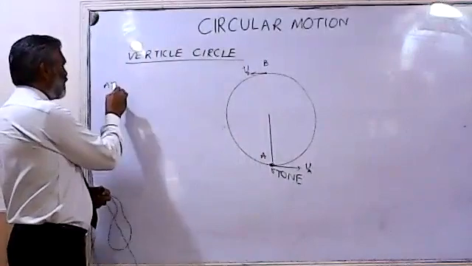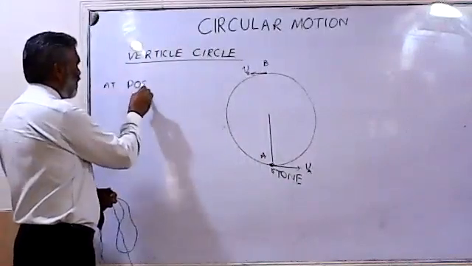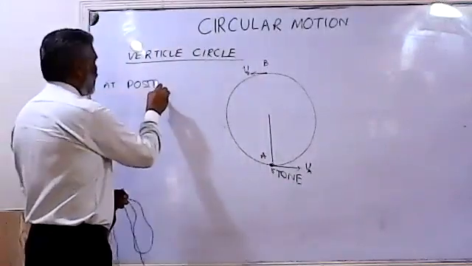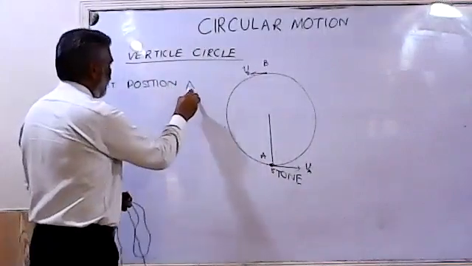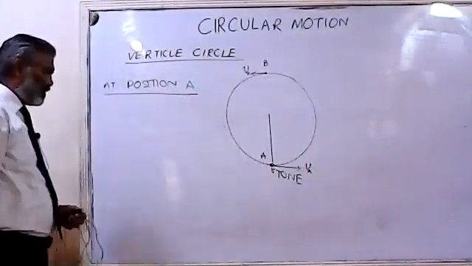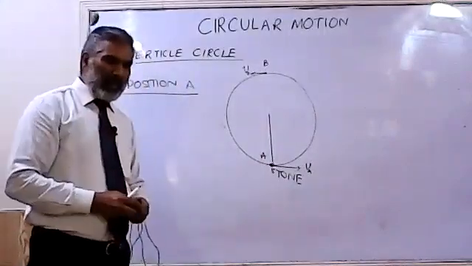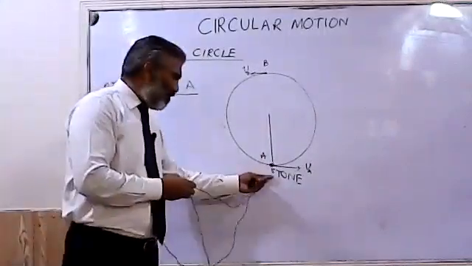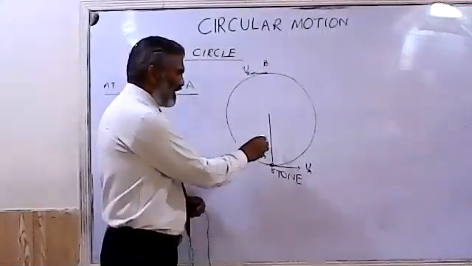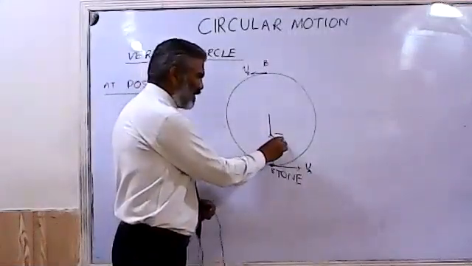At position A, when the object is moving in the vertical circle, this is the position where we expect the tension in the string to be maximum.